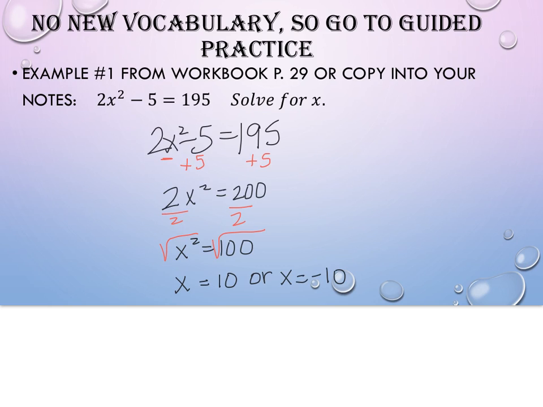So sometimes we write that x equals plus 10 or minus 10. So plus or minus 10, positive or negative 10. It's important that you remember whenever you take a square root that you have two possibilities, that both are positive or both are negative.